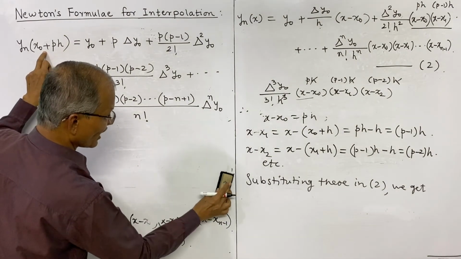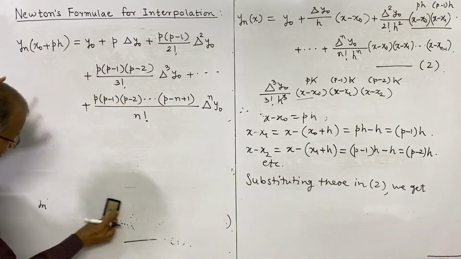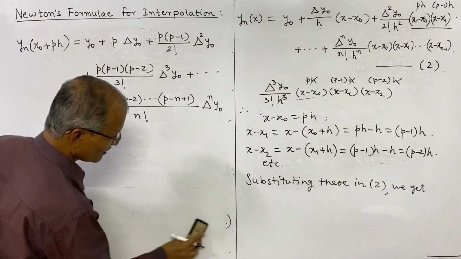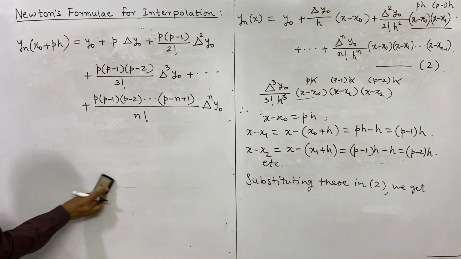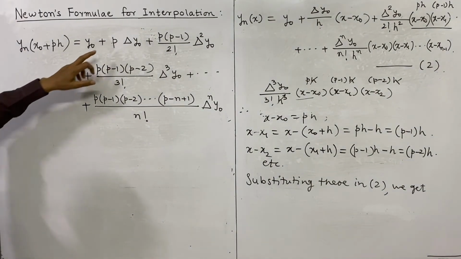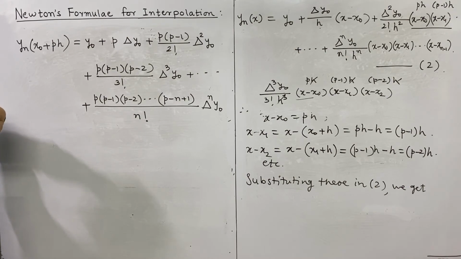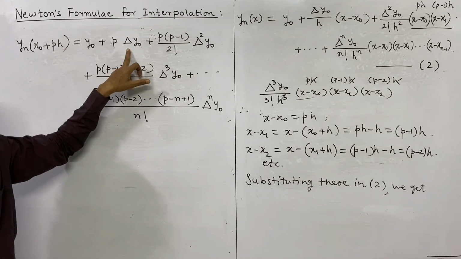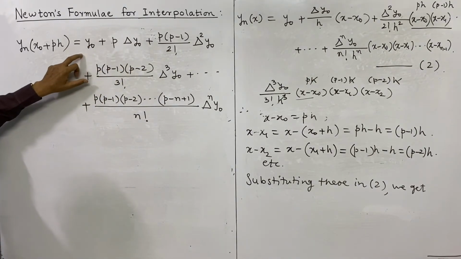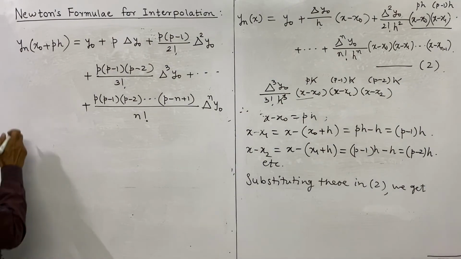This formula is known as Newton's forward difference interpolation formula. We can write y naught common, but delta cannot be written common because there is no delta in the first term, and this is to be remembered.